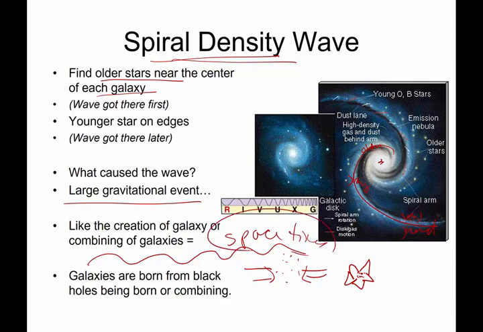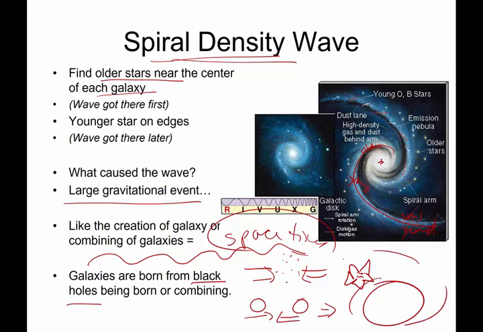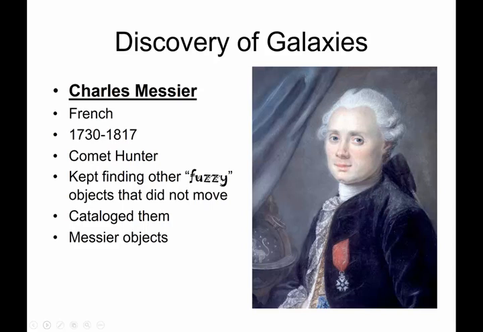What's huge enough to make that happen? Black holes combining. We know black holes are in the center of galaxies, and if you take two massive black holes and combine them to make a supermassive black hole, the quantity of gravity they're going to send out into space is going to be humongous. And we think that's what caused these original spiral density waves.